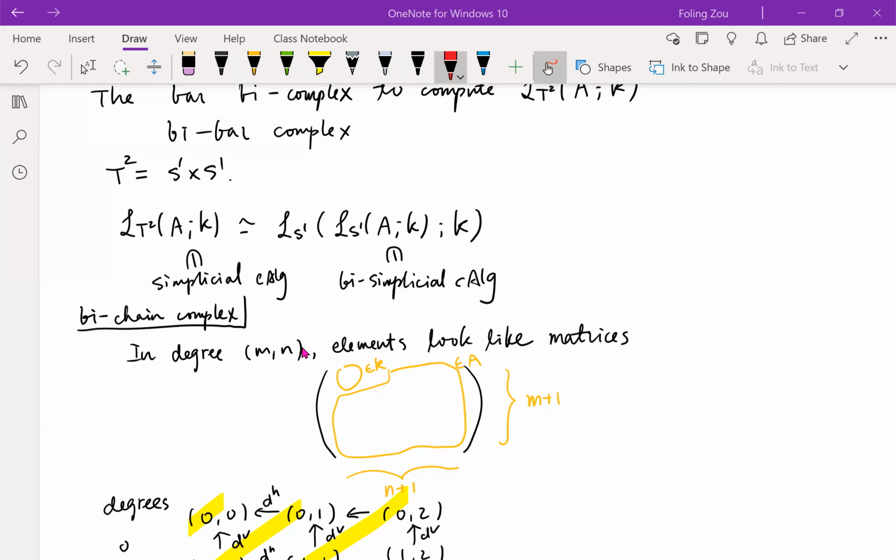So in this bichain complex, in bidegree m and n, a basis of elements looks like matrices with m plus 1 rows and n plus 1 columns.